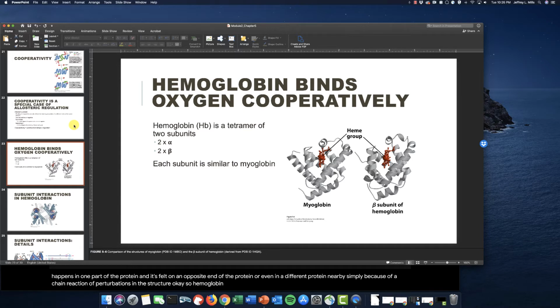Okay, so hemoglobin. We said that hemoglobin is a tetramer. That means it consists of 4 subunits, 4 monomers. And in our specific case, we have 2 alpha subunits and 2 beta subunits. Each one of those subunits looks very, very similar to myoglobin.